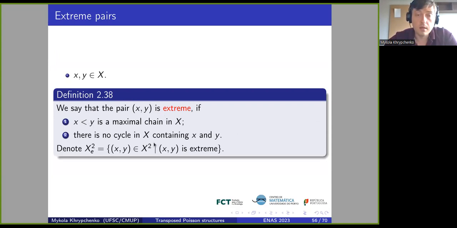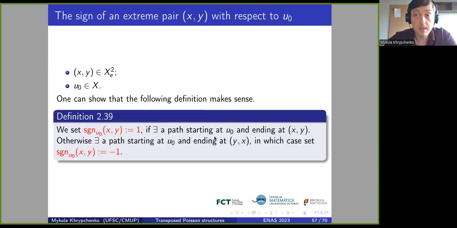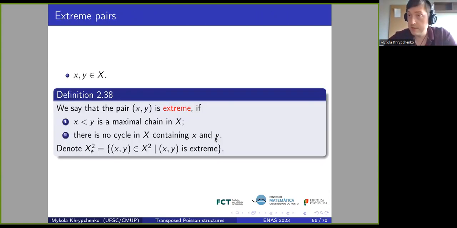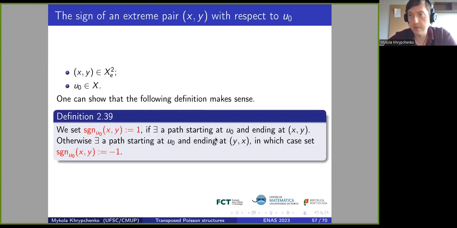Moreover, I will require that there is no cycle that contains x and y. If the poset has no cycles at all, then no problem: any maximal chain of two elements is extreme. I will denote by X squared e all the extreme pairs in X. They do not necessarily exist; in some posets, they do not exist.